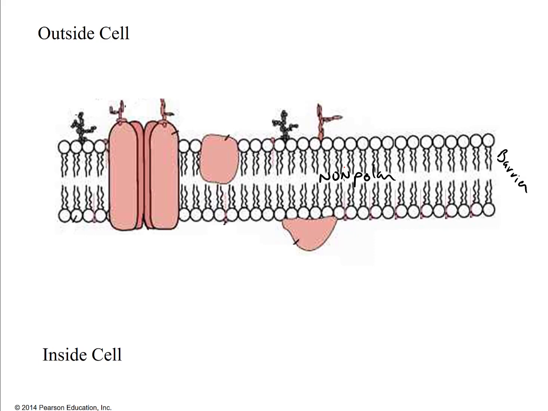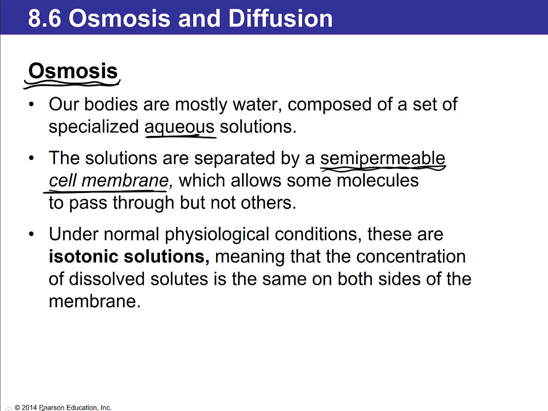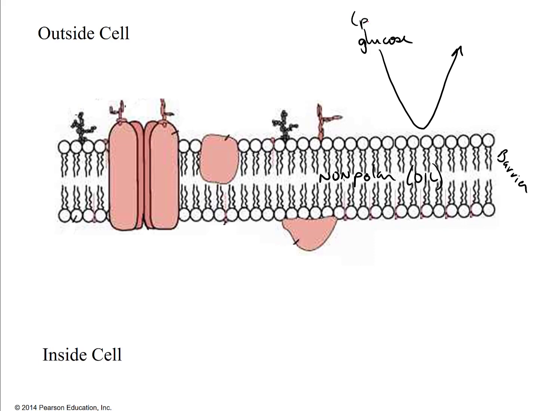This sort of oily environment is going to be a barrier to things like glucose. So glucose just bounces off. It's like a little oil barrier. So polar molecules like glucose can't pass. Salt molecules, like sodium ions, can't pass either.